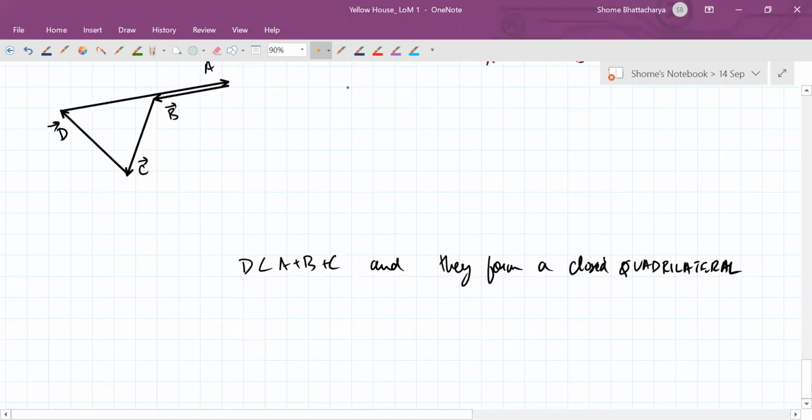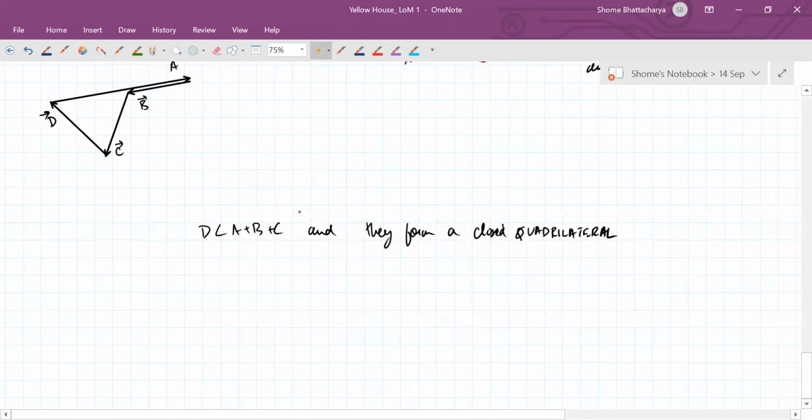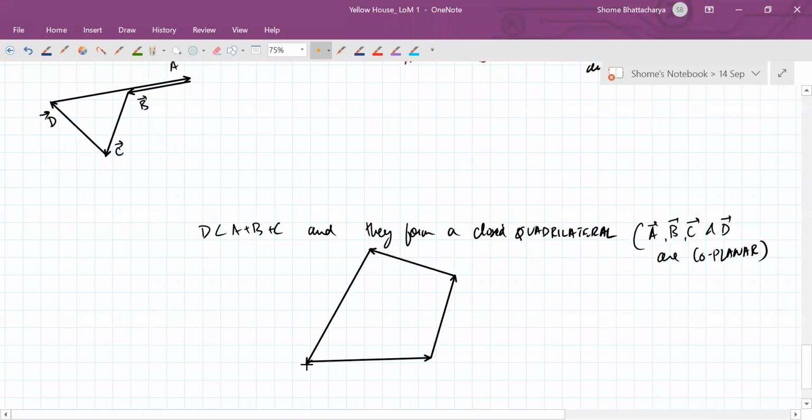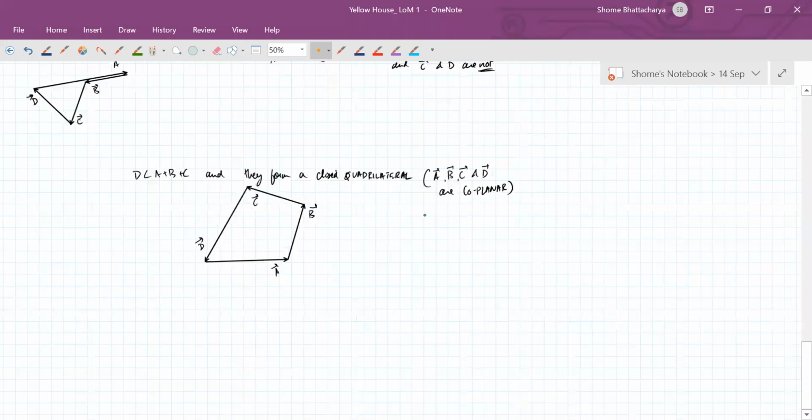This can also happen. Okay, this can happen. But another case that can happen. So in this case, they are coplanar.